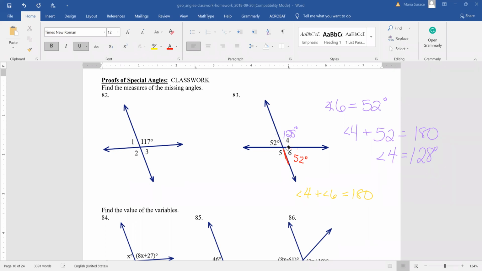So now that we know that angle 4 is equal to 128 degrees, we can refer back to our vertical angles. Angle 4 and angle 5 are vertical angles, which means they are congruent. So if angle 4 is 128 degrees, angle 5 is also 128 degrees. And there you go. You have now angle 6, angle 4, and angle 5. All the missing angles have been found.